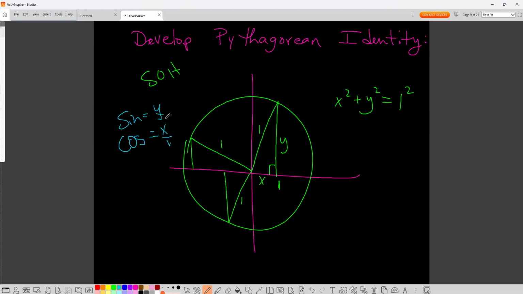And because x is cosine, we can write cosine squared plus y, which was my sine, sine squared in place of that y, that's a squared there, equals 1. And that's going to always be known as the Pythagorean identity in these problems.